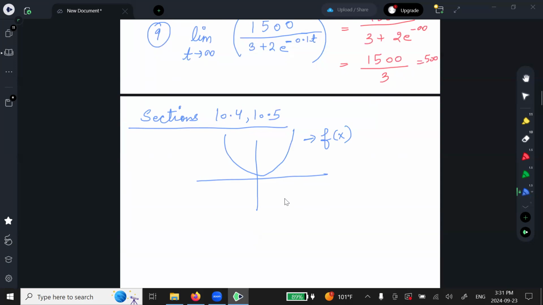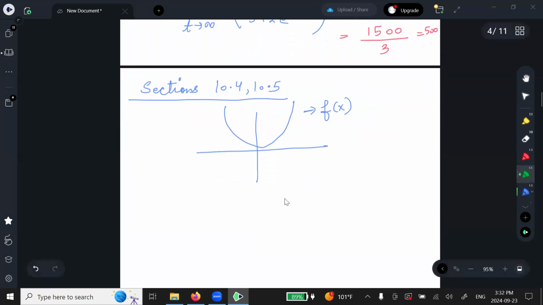All right. What does the increasing or decreasing of your function tell about the derivative? F is increasing on which interval? Let's say this is negative infinity, this is 0, this is infinity, okay? F is increasing on what interval? Everybody knows what an increasing function looks like?